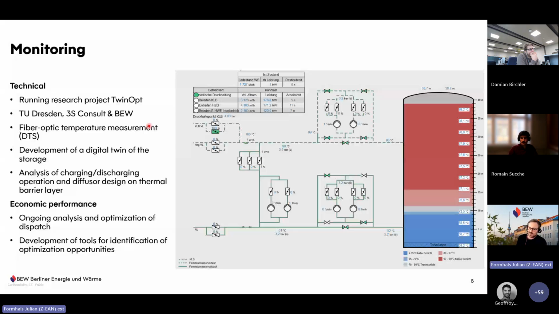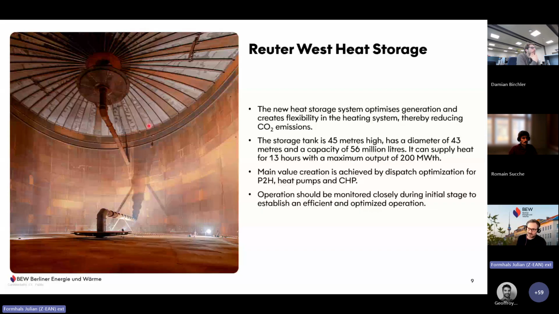Okay, thank you. Then here, a quick summary. We have this new heat storage for flexibilization and optimization of our system, which will hopefully reduce our CO2 emissions in the future by quite a bit. The main value creation is done here by dispatch optimization with the other generation units, but other value drivers exist as well.